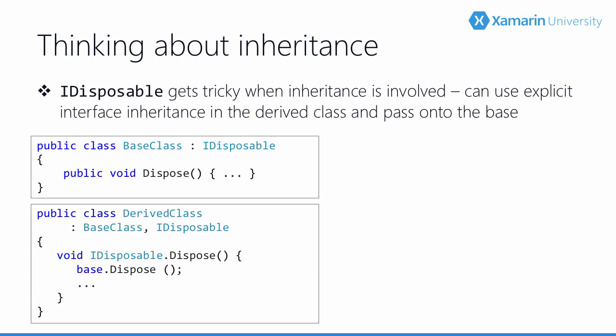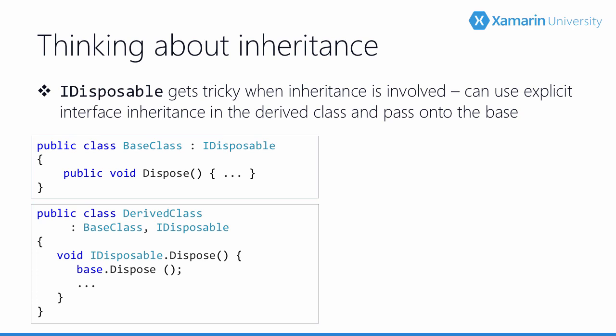So notice that we've implemented iDisposable on my derived class, and I'm using this void iDisposable.Dispose implementation here, where I put the type name with a dot and then put the Dispose method. This is the explicit interface implementation. Now, what's going to happen here is the system will then re-implement iDisposable, and when I call my derived class Dispose, I'll get Dispose, and then I can call the base class Dispose method, and it will pass along to the base.